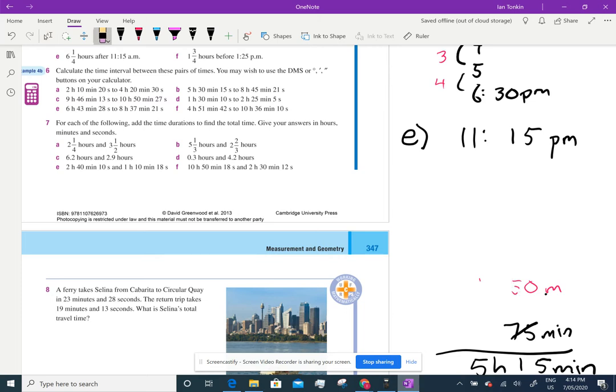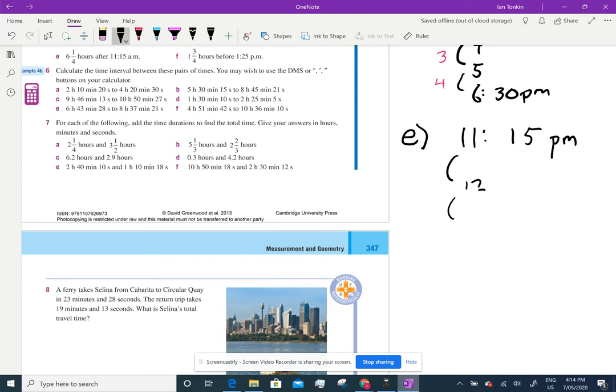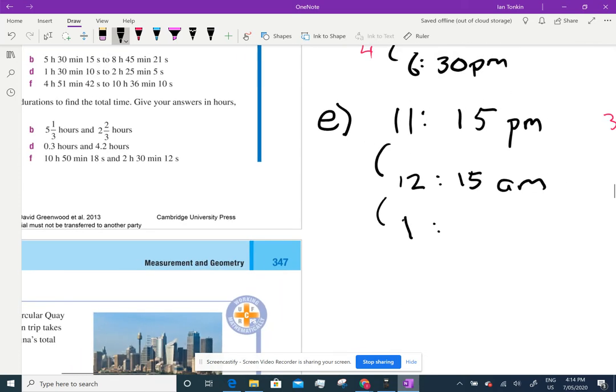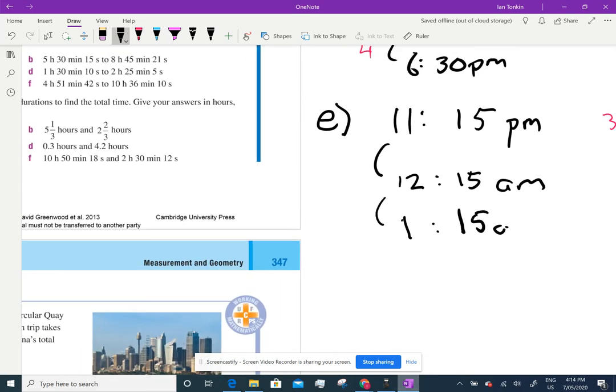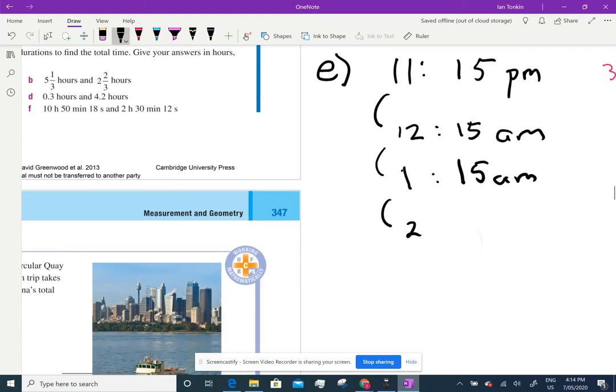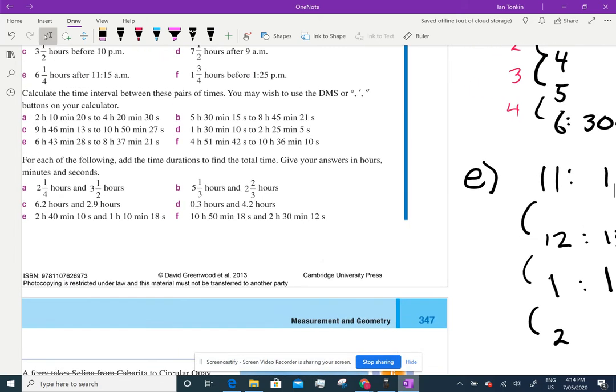So I better create some space because we'll need more space than just that. I'm going to go 6 hours down. Okay. So 1 hour, 12:15. Another hour. And because I've gone now into the AM, 1:15 a.m. And another hour, 2:15 a.m. How many hours have I got to do? 6.25.